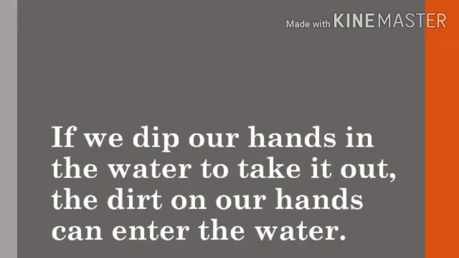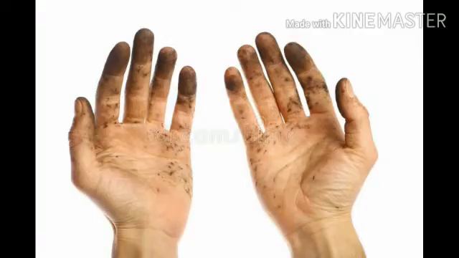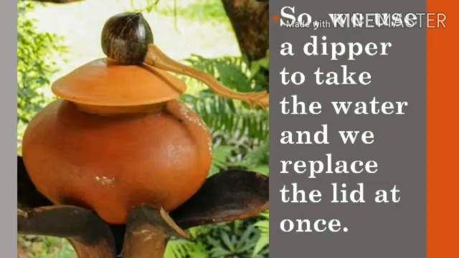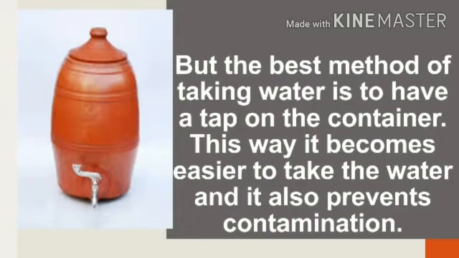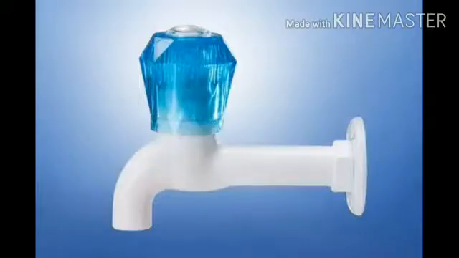If we dip our hands in the water to take it out, the dirt on our hands can enter the water. So we use a dipper to take the water and we replace the lid at once. But the best method of taking water is to have a tap on the container.